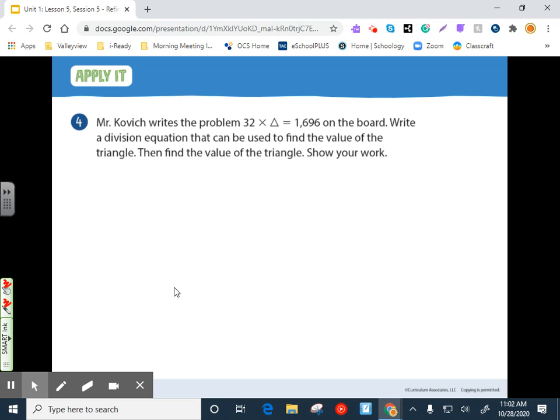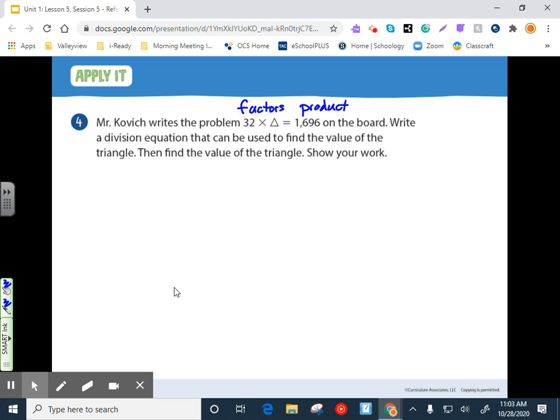So this is basically, again, an introduction to what algebra is, which you'll do later on in middle school, where that symbol will represent a number. In this case, I'm going to write above the problem here. These numbers are factors in the multiplication problem, and this number right here is the product. And we can use division to find what that triangle symbol stands for.